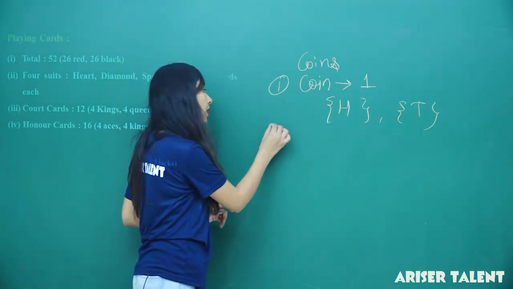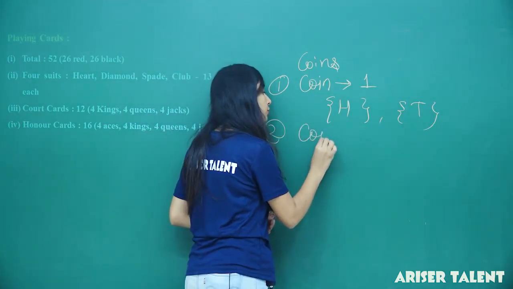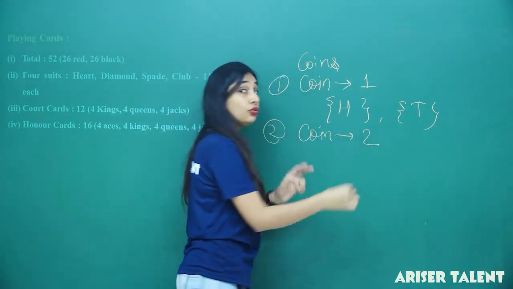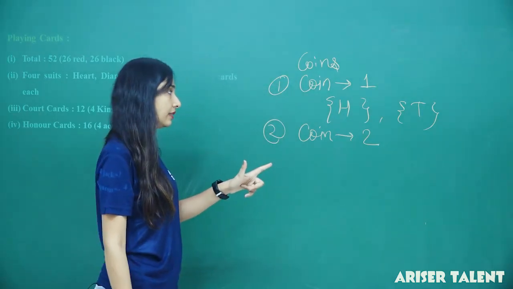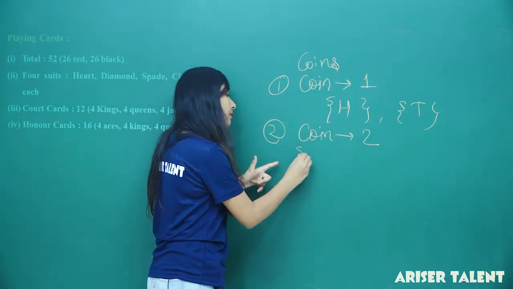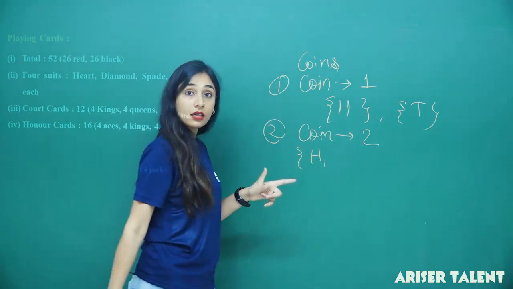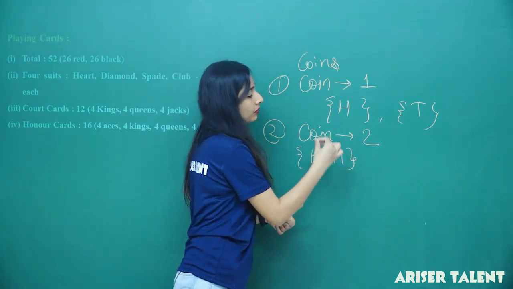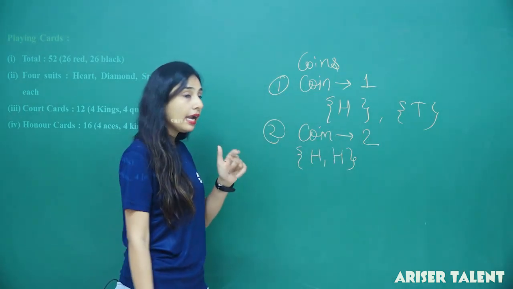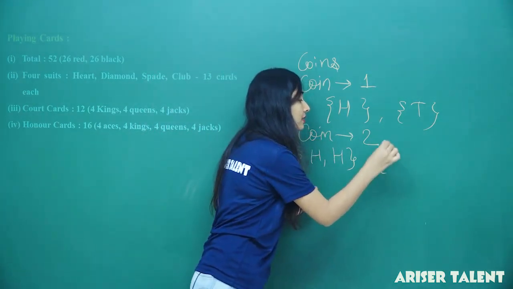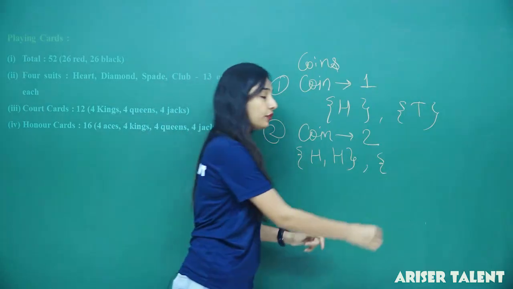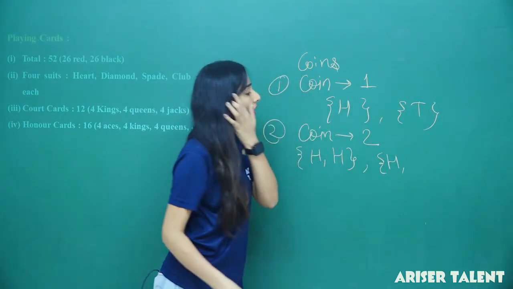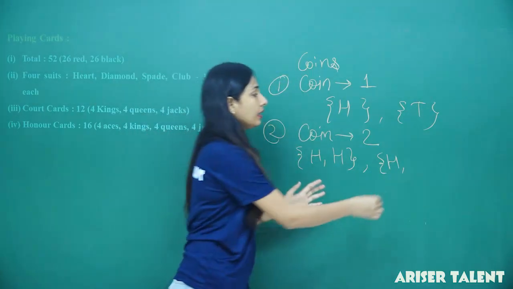If I am somehow tossing 2 coins simultaneously, there may be a possibility of getting a head on one coin and another head on the second coin, and there will be a chance that I'll get head on the first coin, but tail on the second coin.